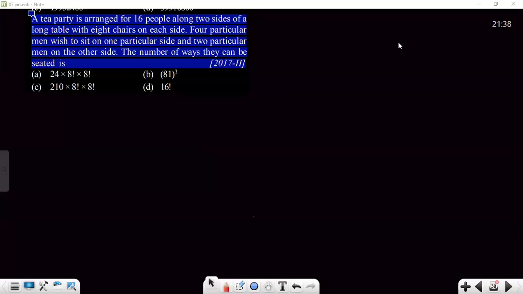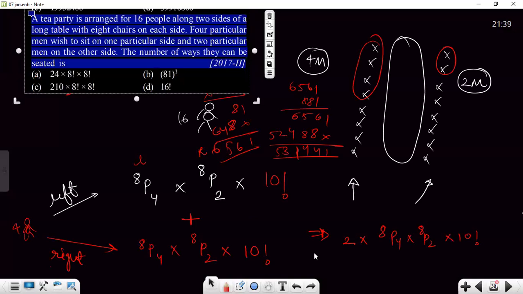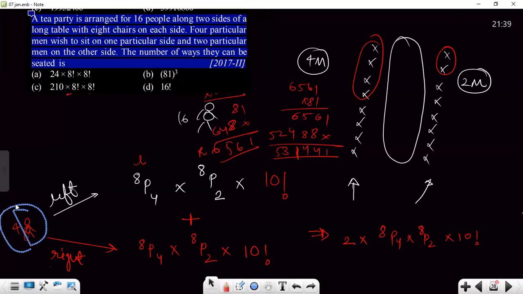A tea party is arranged. So basically, whatever we have just discussed earlier, everything is the same, instead of considering seating them left to right. I'm not saying that what we have done is wrong. Actually, it was not even taken into consideration. It didn't matter to the question maker whether the 4 persons sit on the left side of the table or the right side of the table.